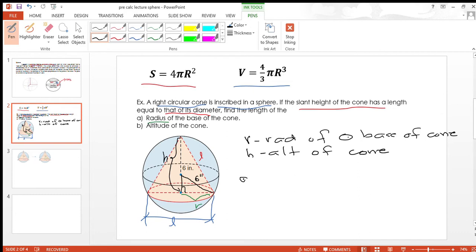Letter A: we need to solve the radius of the cone. And where do you find the radius of the cone? From this right triangle here. If you isolate the right triangle, this will be 6 inches, and this will be your R. In trigonometry, we have said that a right triangle is solvable if there are at least two given parts: either two sides given, or one side and an angle.